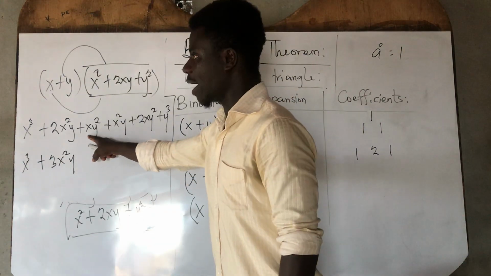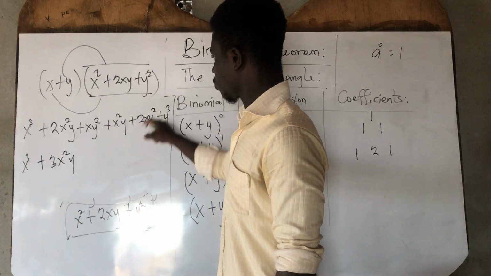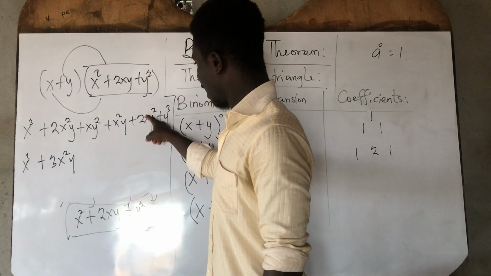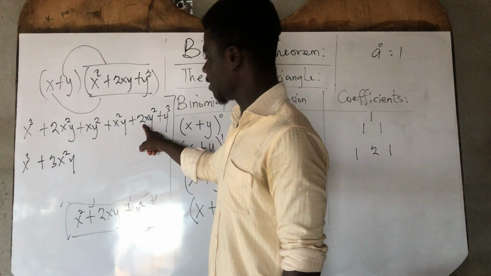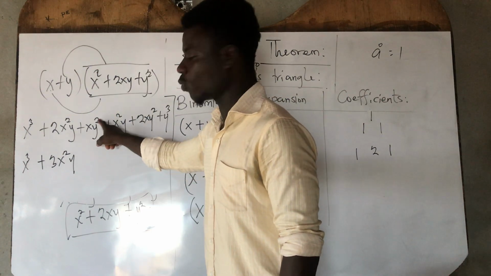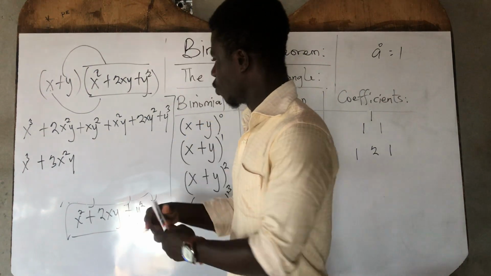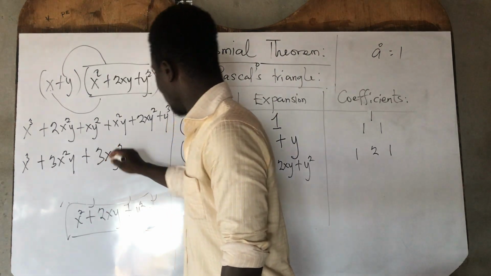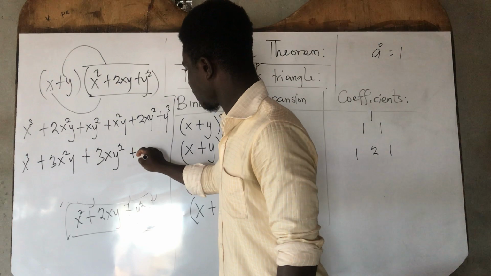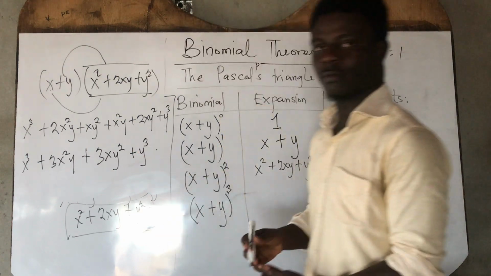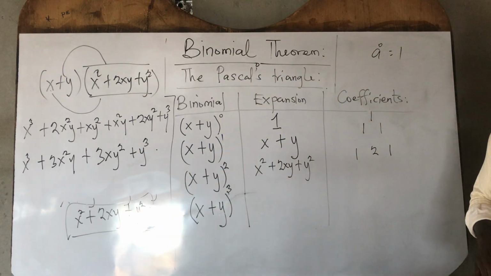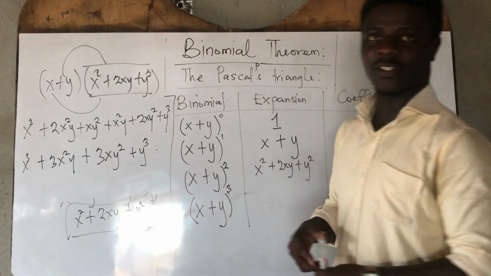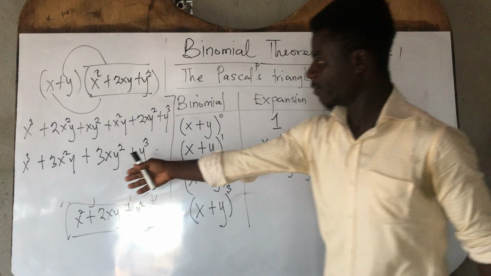Then here xy squared, xy squared. The coefficient here is 2, then the coefficient here is 1. So I'll get plus 3xy squared. Then I have my plus y cubed. Now we can't do anything to the terms again.